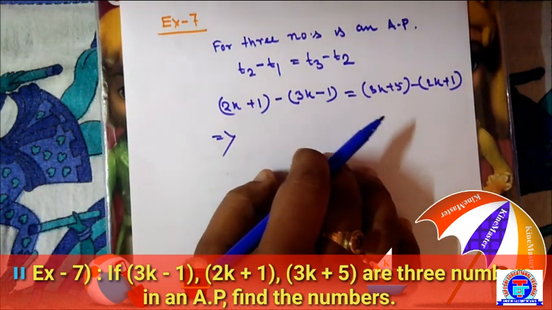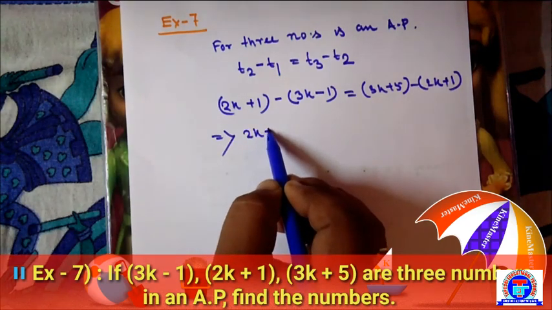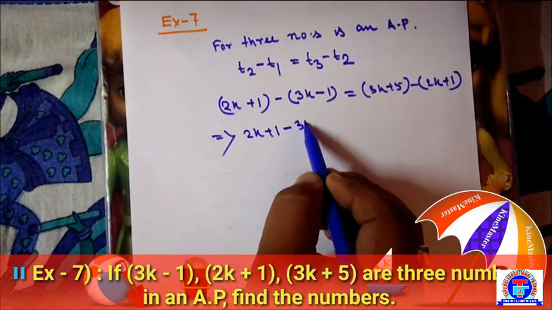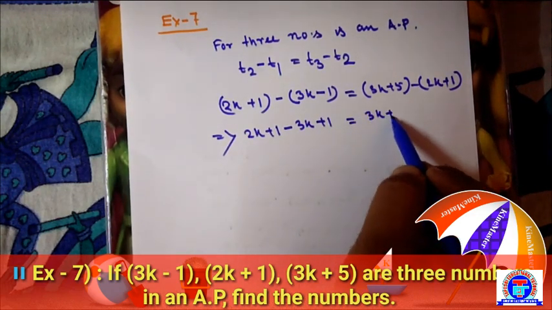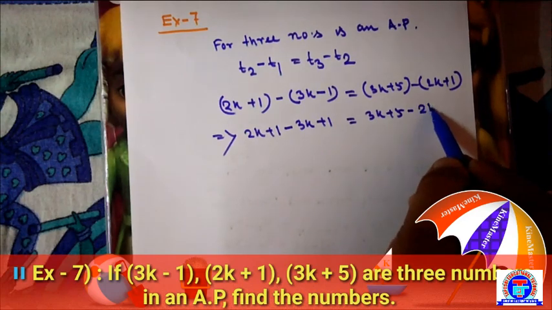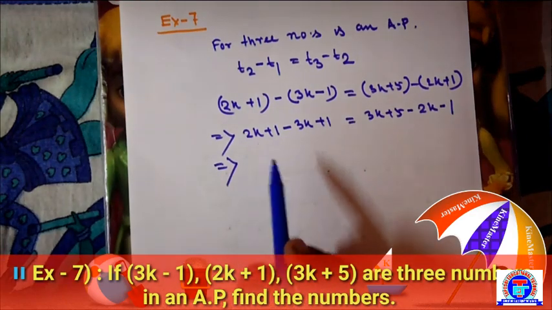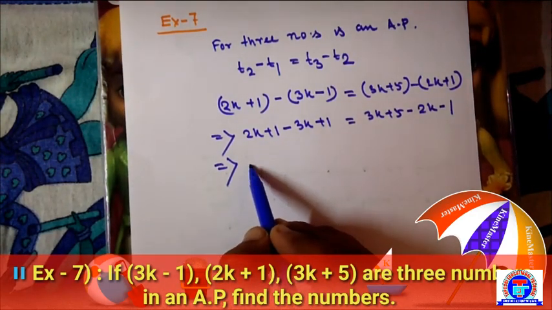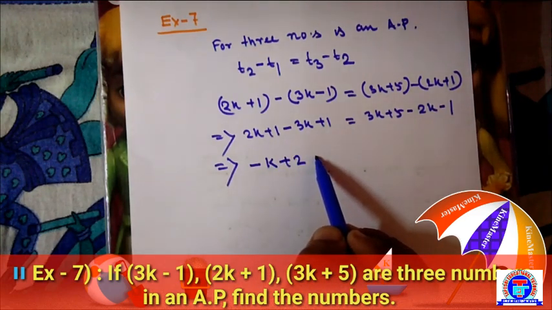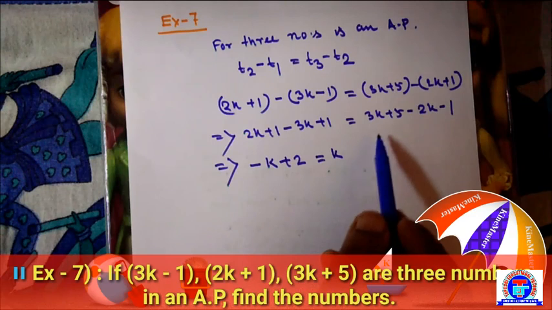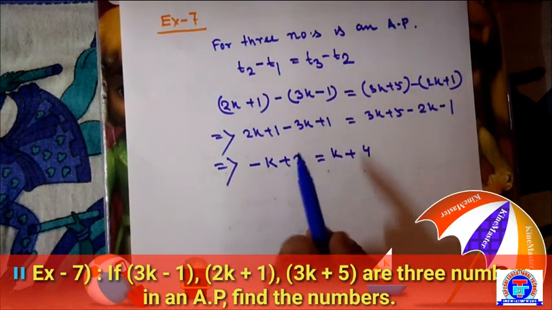Here we calculate 2k plus 1 minus 3k plus 1 is equal to 3k plus 5 minus 2k minus 1, implies that here minus k plus 2 is equal to k plus 4.